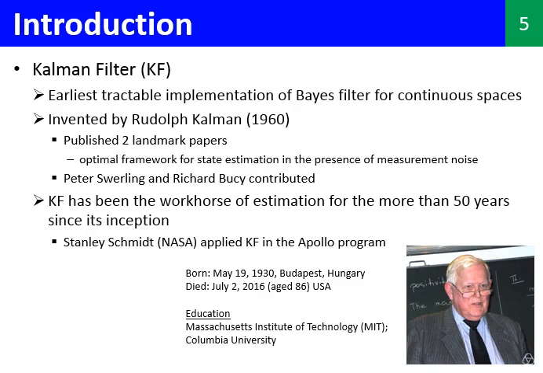He was a Hungarian researcher who had his education at MIT, United States, and he passed away 4 years ago. He published 2 landmark papers that are significantly related to the field of state estimation, and it was the second one that presented an optimal framework for state estimation in the presence of measurement noise.